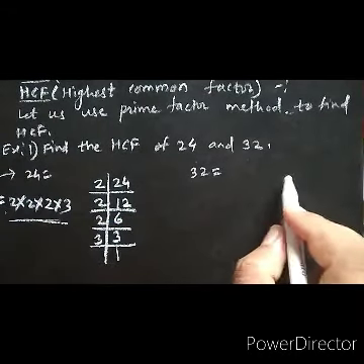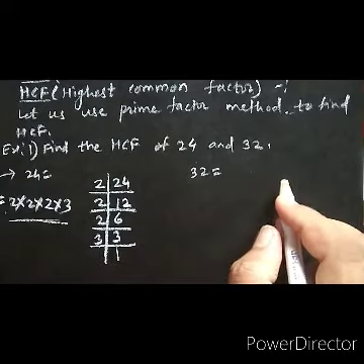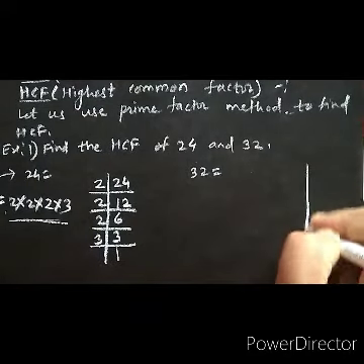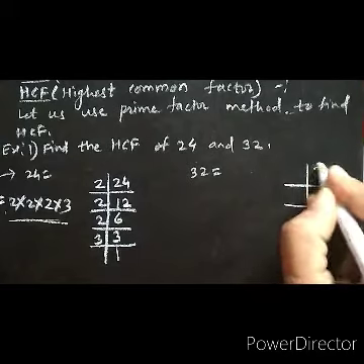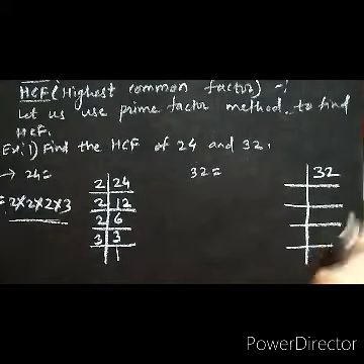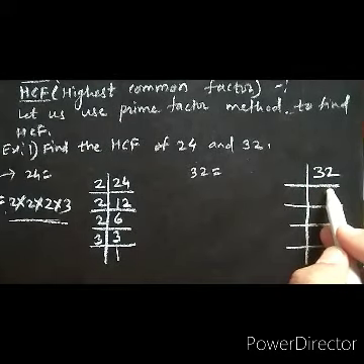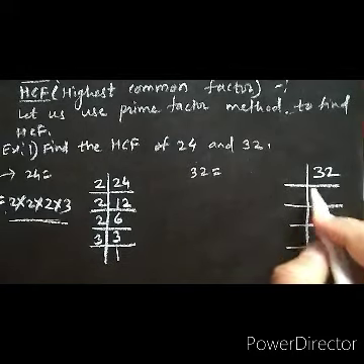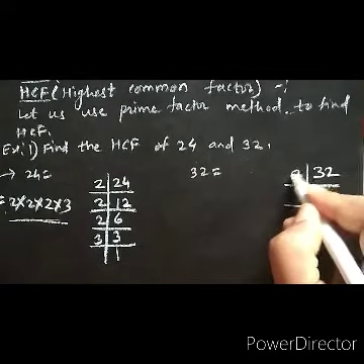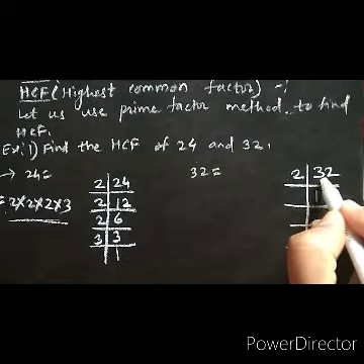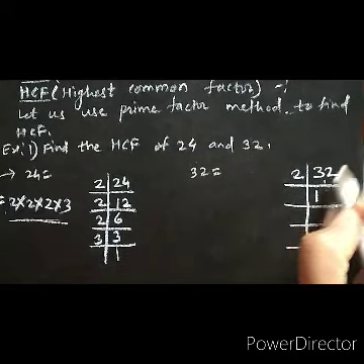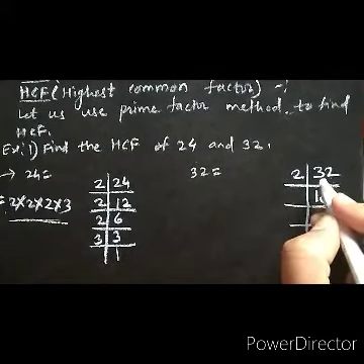Similarly, we have to find prime factors of the next number 32 by using factorization method. See, 32 is an even number. Therefore, dividing by 2, 2 ones are 2, 3 minus 2, that is 1 remain. Now we got 12, 2 sixes are 12.